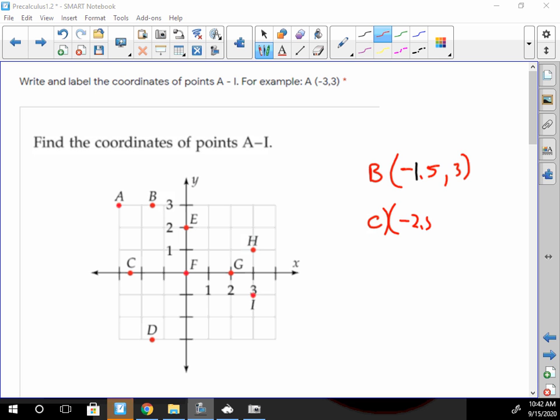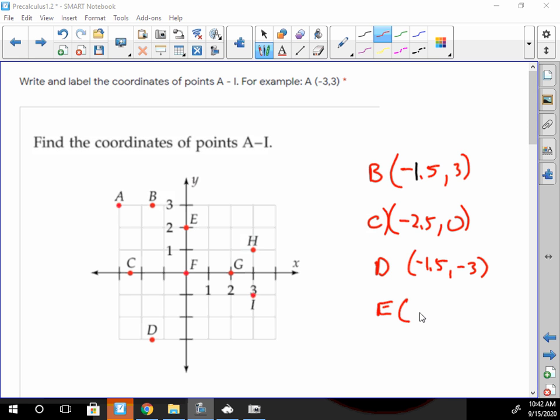So that was negative 2.5, 0. Point D went over to negative 1.5 and down to negative 3. So it was over 1.5, down 3.